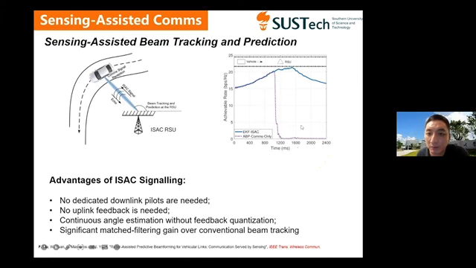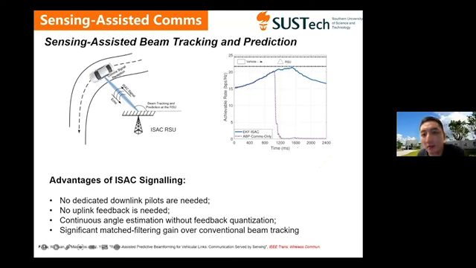So here are some results. If we are going to use the ISAC-based scheme using a Kalman filtering technique, and compare it with some well-known techniques in the literature of communication-only beam tracking, then you see that we can have a steady communication performance in the communication rate.